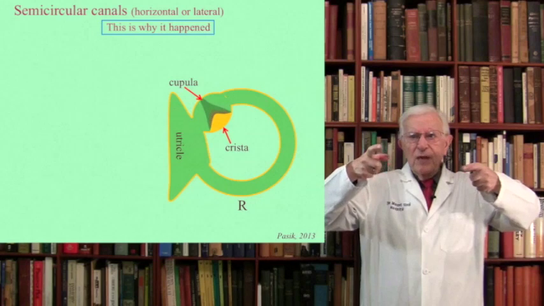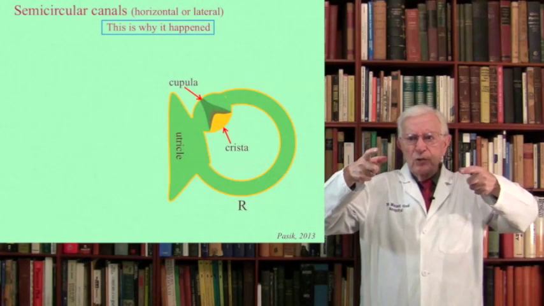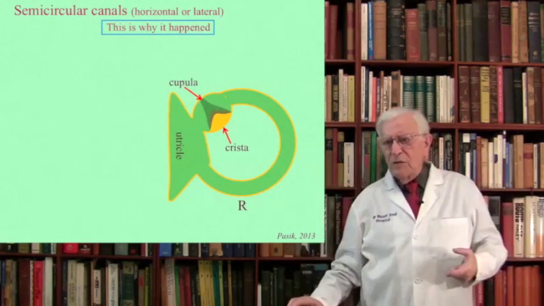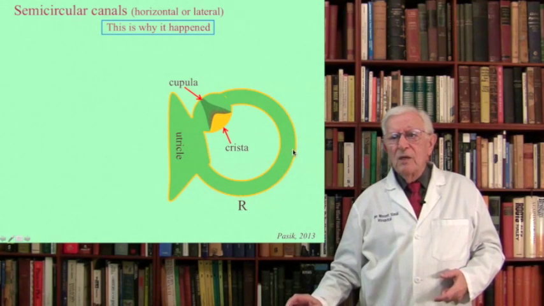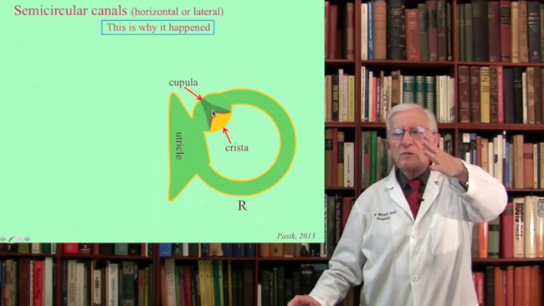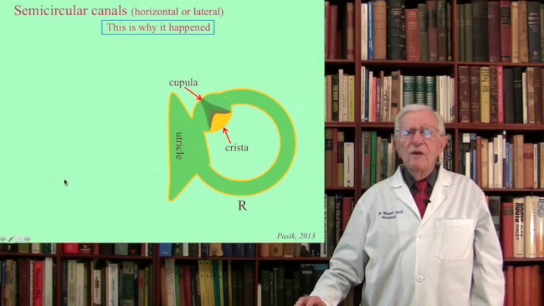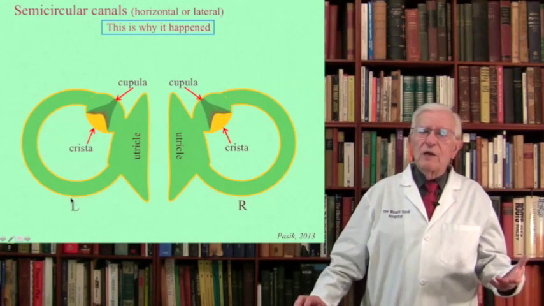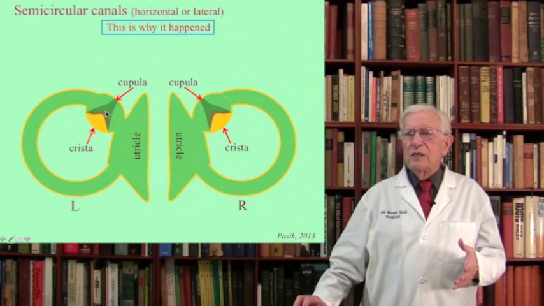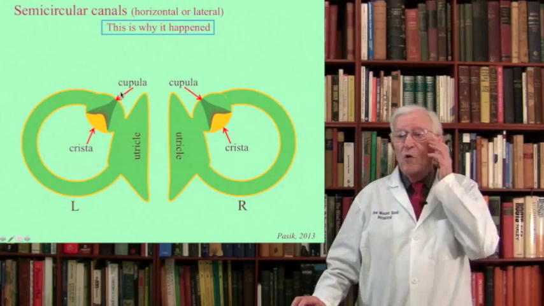That's what I'm depicting in that cartoon. On the right side, you have the semicircular canal with the ampulla forward. And then you have your left semicircular canal also in the same horizontal plane, with the ampulla also facing forward.